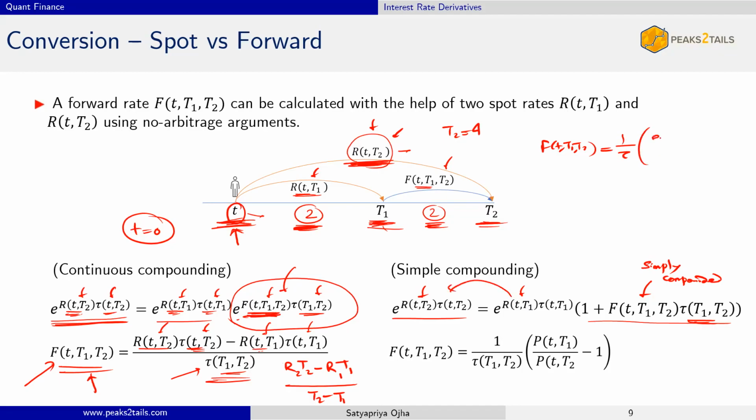So we have e to the power r(t,T2) tau(t,T2) divided by e to the power r(t,T1) tau(t,T1), minus 1, correct? This is what I have. But this is 1 by tau, tau as in tau(T1,T2). Let me write that. Okay, I'll squeeze it in here.